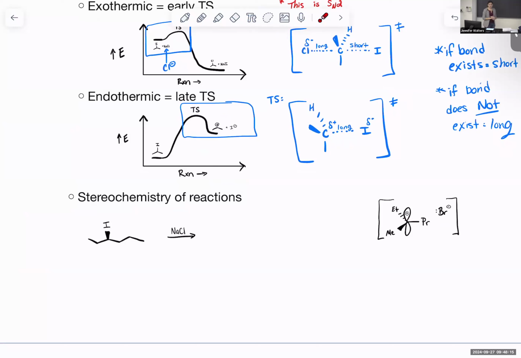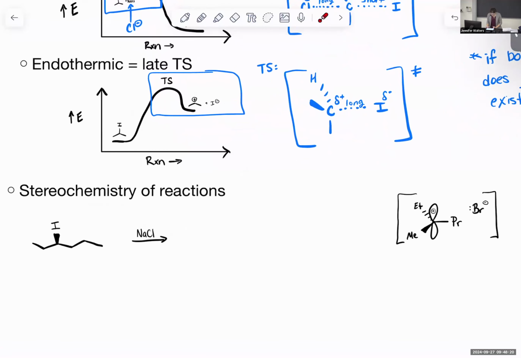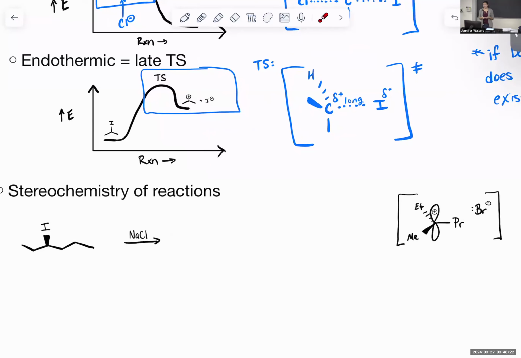When we look at the stereochemistry of our reactions, we can lose stereochemistry anytime we go through a planar intermediate. Or we could say that it racemizes, it becomes racemic.